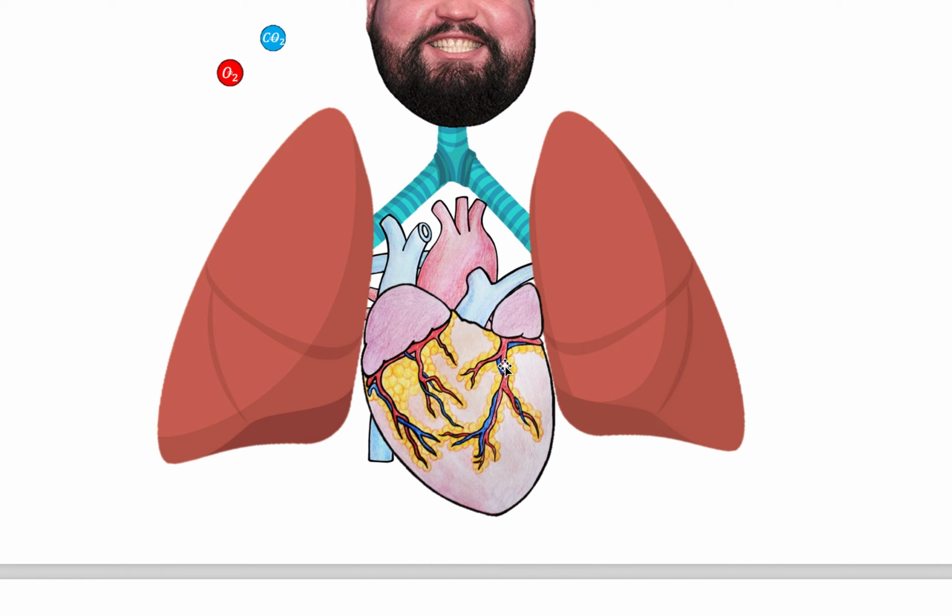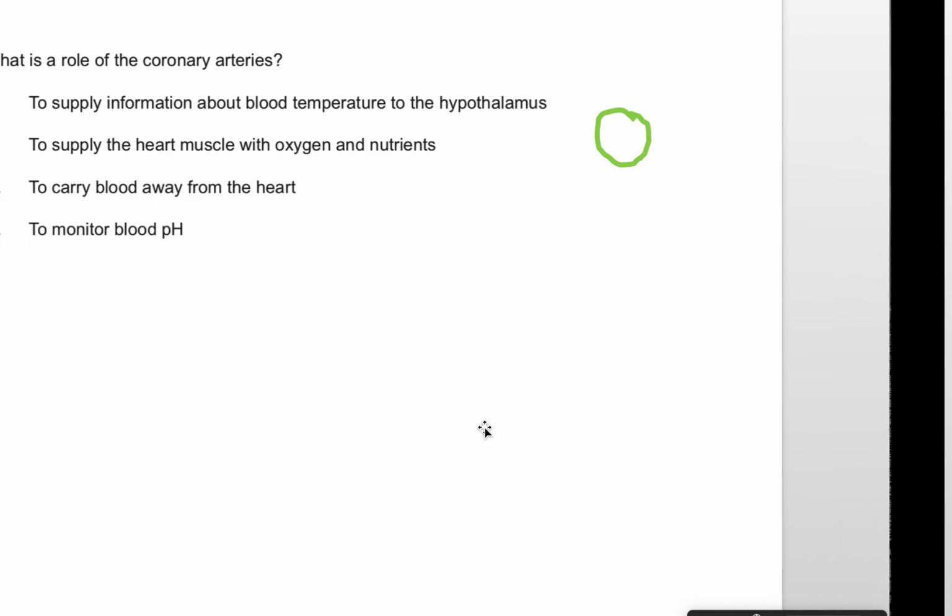Okay, so these are called coronary arteries. They supply your heart, because even though your heart is sending blood everywhere in your body, including your lungs, what is supplying the heart itself? Because if the heart itself doesn't get blood, it will die. So the way that the heart sends blood to itself is through the coronary arteries. Okay, it's these small vessels supplying the heart itself.